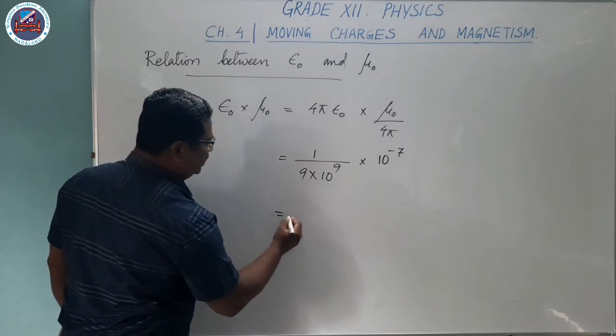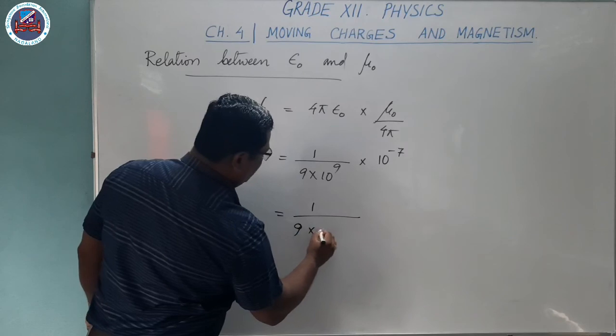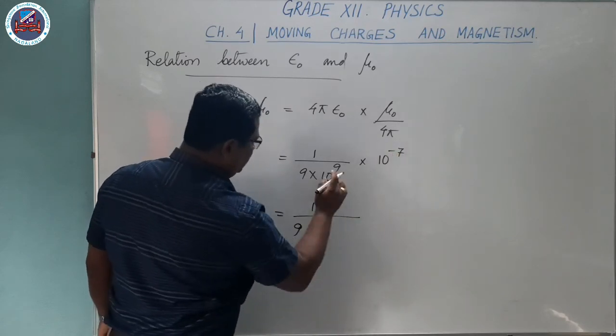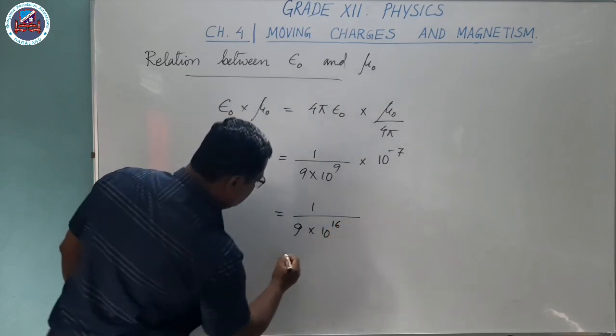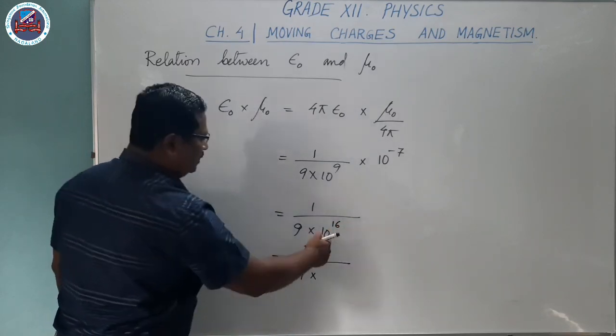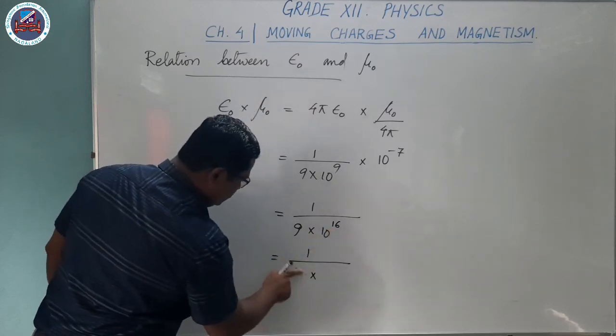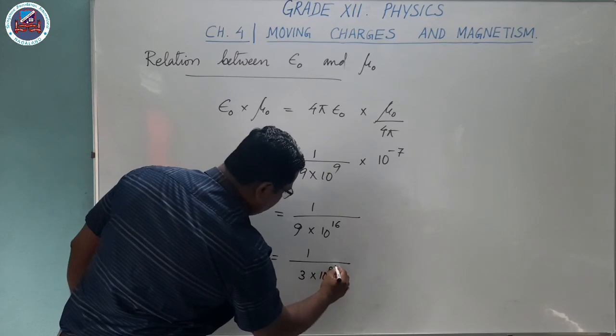So this will give us 1 by 9 into 10 to the power minus 7, bring down, it will become plus 7, 9 plus 7 is 16. So you will get the relation like this, 9 into 10 to the power 16, so you can make it square, and it will be 3 into 10 to the power 8 whole square.